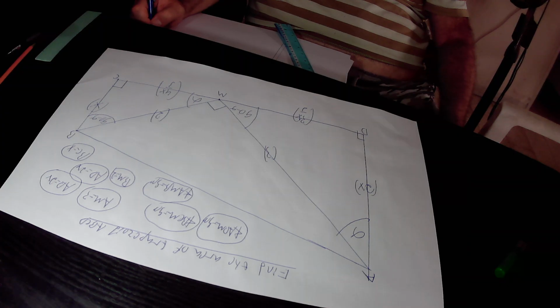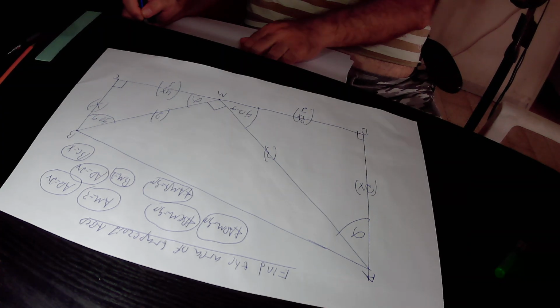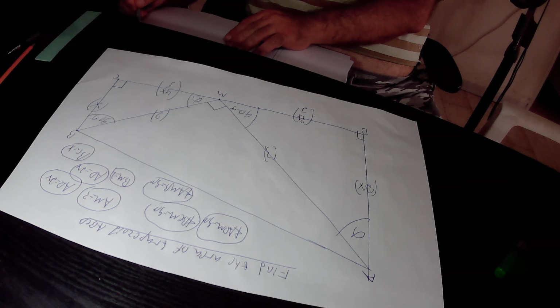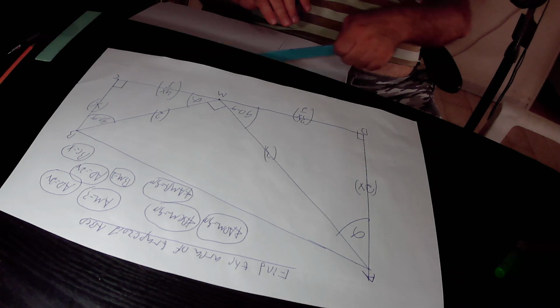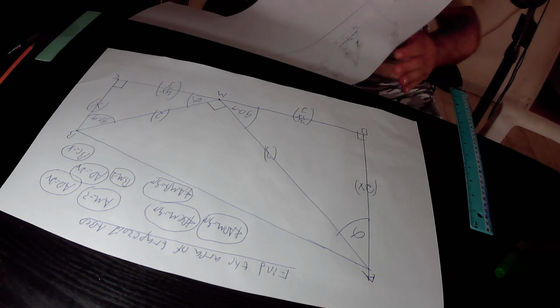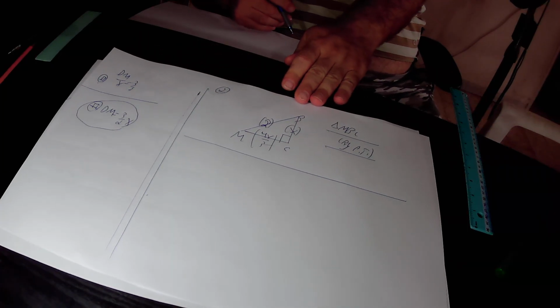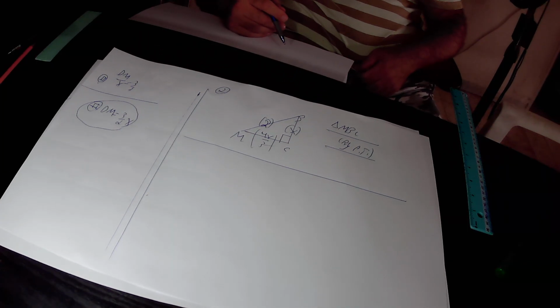So here we apply the Pythagorean theorem. This is the small right triangle BMC from the original drawing.